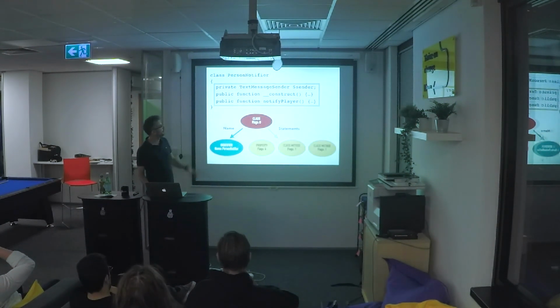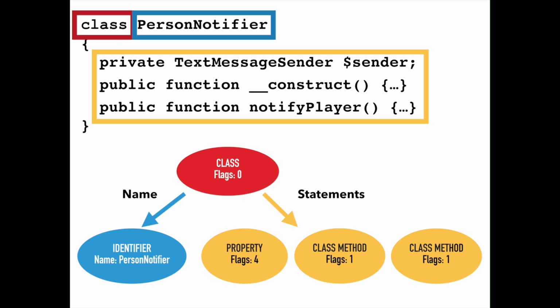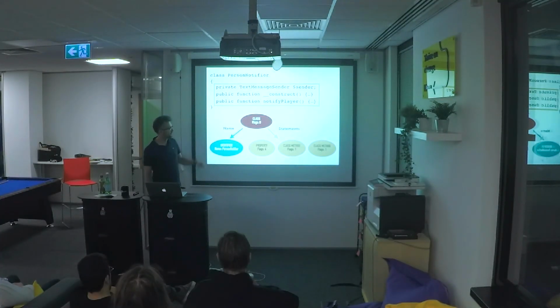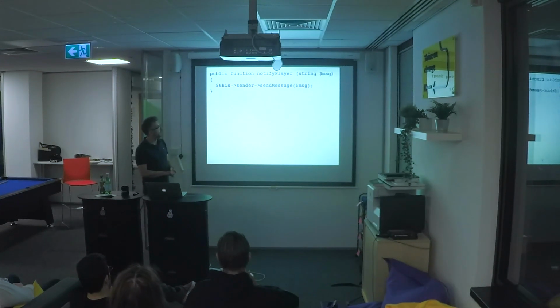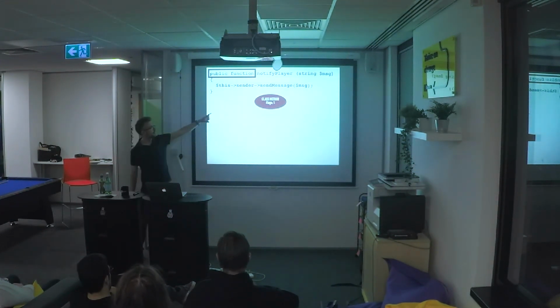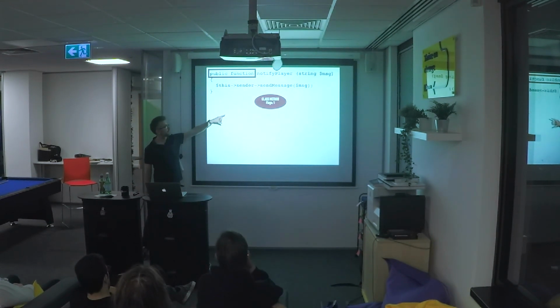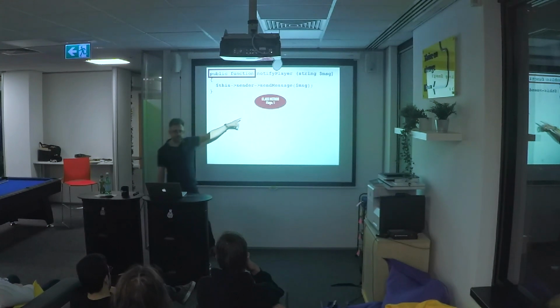And then we've got 3 top-level statements within this class. So we've got a property, and a couple of methods, a constructor and the notify player method. And then we can drill down further. If we look in the notify player method, we've got a node in the abstract syntax tree of type class method. And this has got flags, and this time the flag is a value of 1.